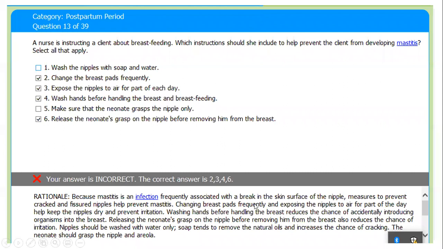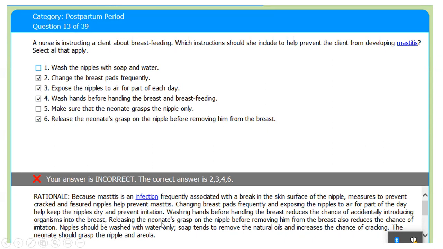Changing the breast pad frequently and exposing the nipple to the air for part of the day help to keep the nipples dry and prevent irritation or infection. Washing hands before handling the breast reduces the chance of accidentally introducing organisms into the breast.